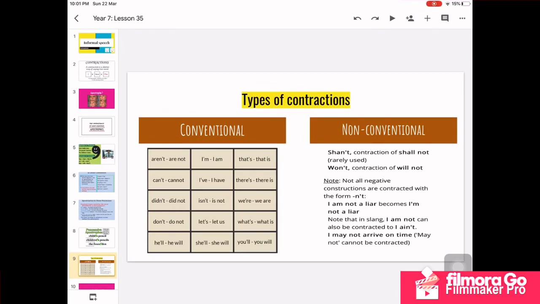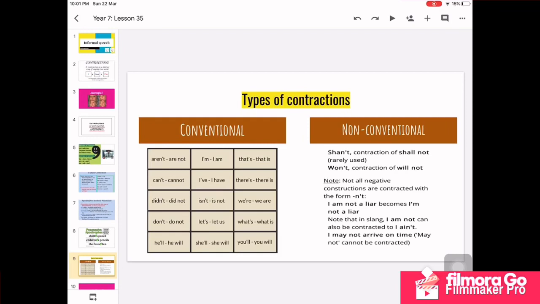Even after being contracted, you can somehow understand I and am. That is can't, cannot. All the letters are there before it is contracted, so it's easy for you to understand. That's why it is called conventional.